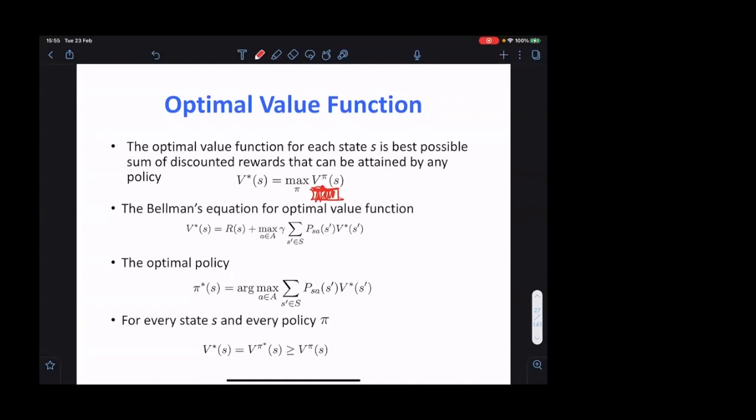Then I will reach my optimal value function. According to the Bellman equation or Bellman optimality equation, you can decompose this optimal value function into your immediate reward and the reward that you're going to receive in the future.